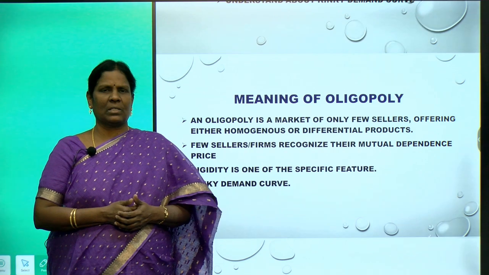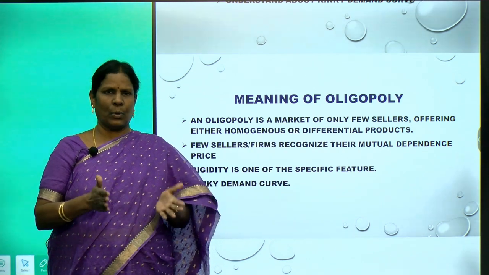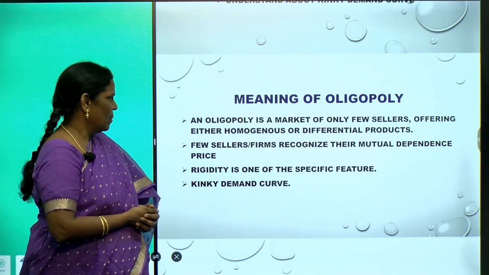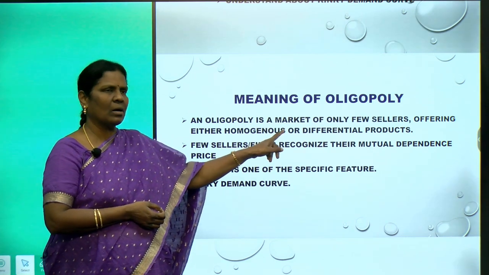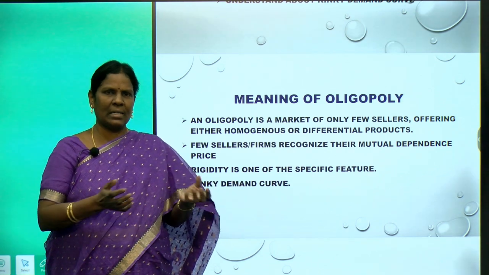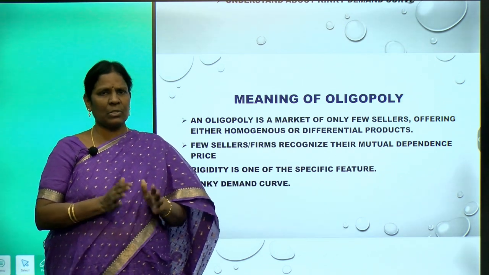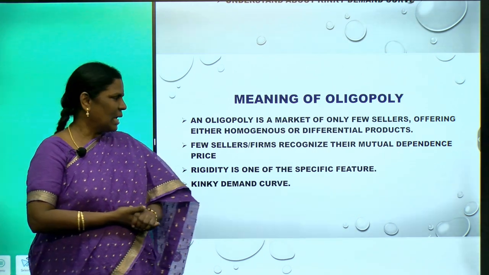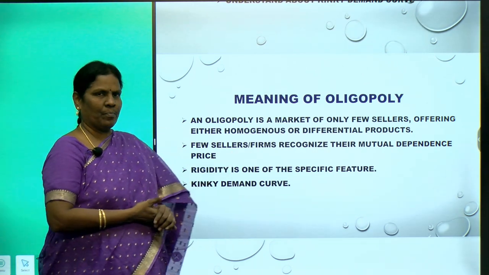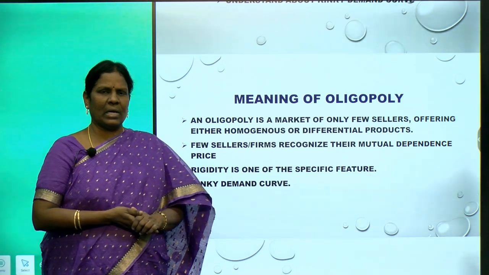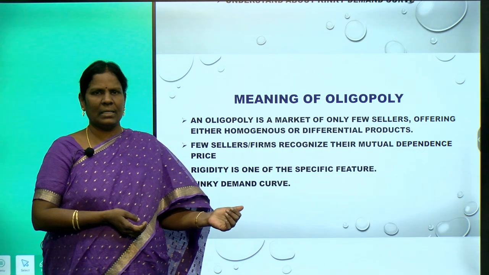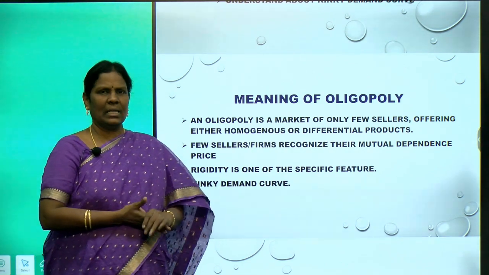Oligopoly refers to the situation in which for the product there exists only a limited number of sellers, or only a few firms produce the product with slight variations, or sometimes homogeneous. The second feature is price rigidity, which is one of the specific features of the oligopoly market, and the third one is the kinky demand curve.